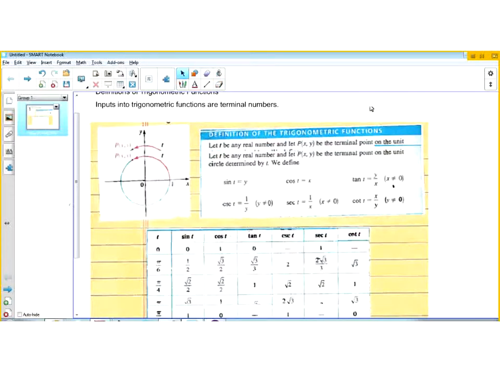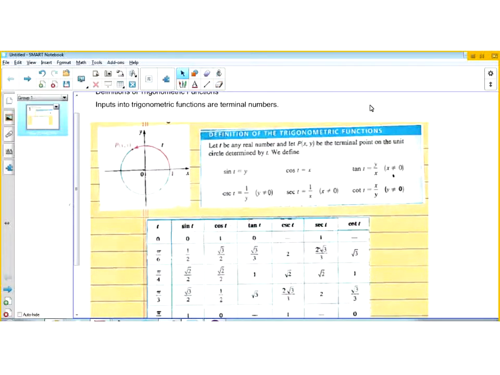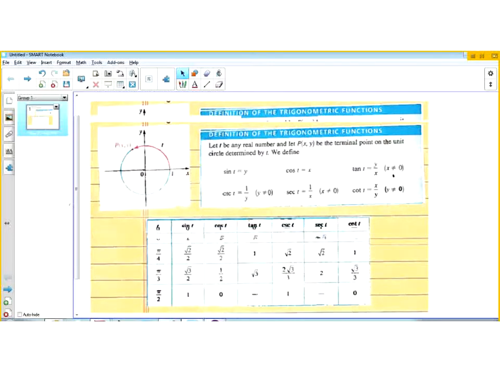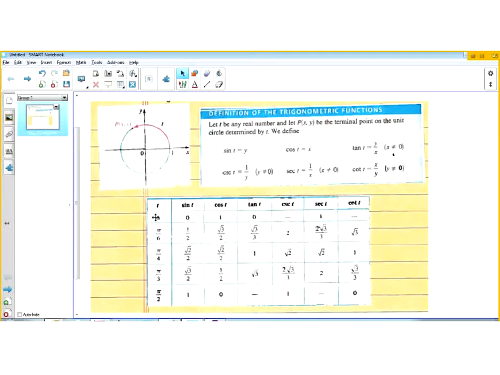All right, so now we can build a table of outputs for select values of terminal numbers. So for instance, if our terminal number is 0, t equals 0, then we're right here at this point that I've accentuated in black. And so the coordinates of the terminal point for terminal number t equals 0 are essentially 1, 0.